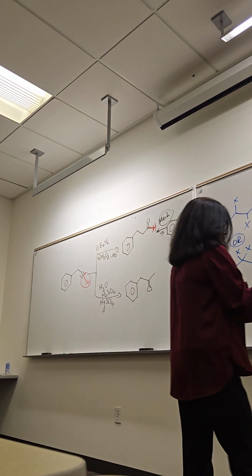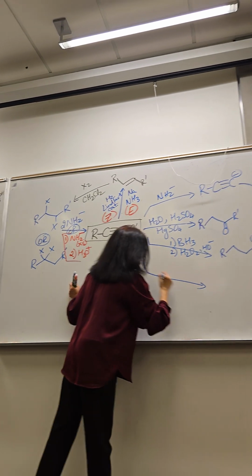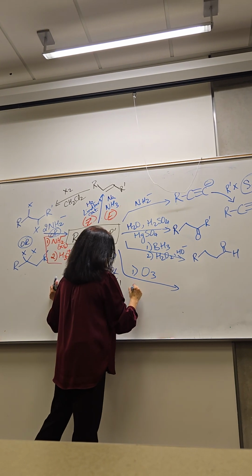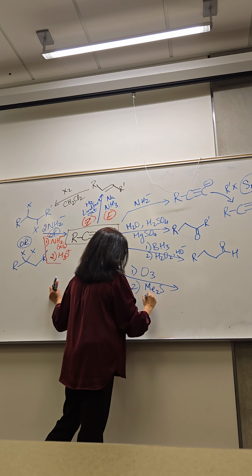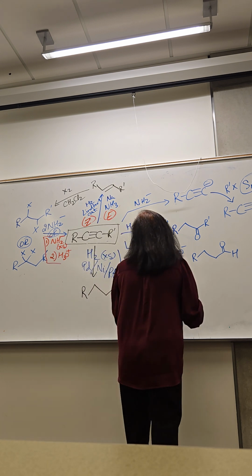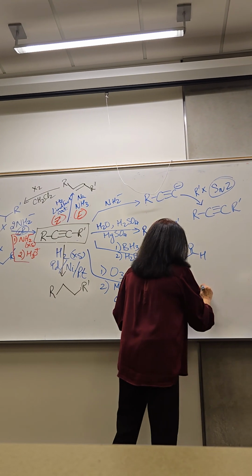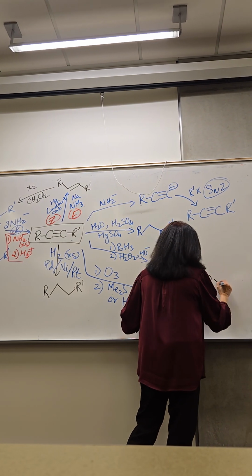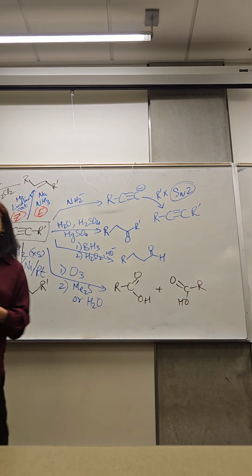And then we also talked about a reaction today where ozonolysis of an alkyne gives us what? Carboxylic acids. Exactly. It breaks apart the triple bond and creates carboxylic acids where there were triple bonds.